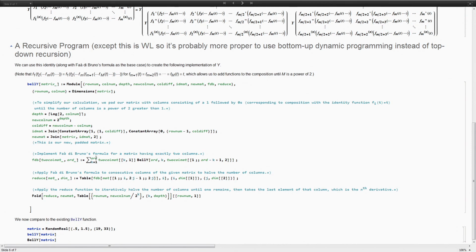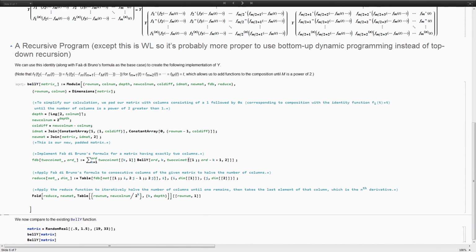Then we have an implementation of Faà di Bruno's formula for a matrix having exactly 2 columns. That's this line here. We apply Faà di Bruno's formula successively until we're down to just 1 column of the matrix. Once we're at the last column, we take the last element of that column, and that's the nth derivative of our composition of m functions.